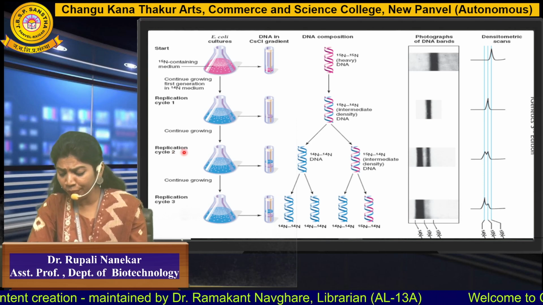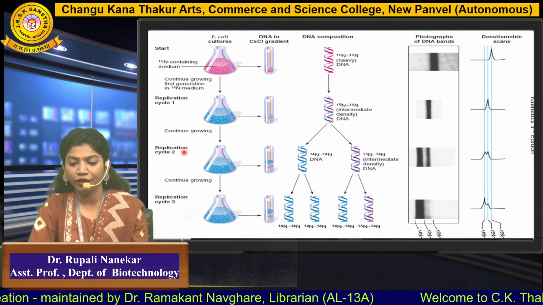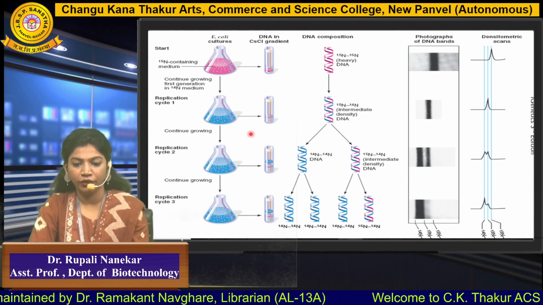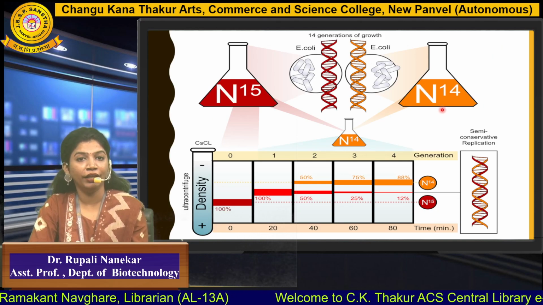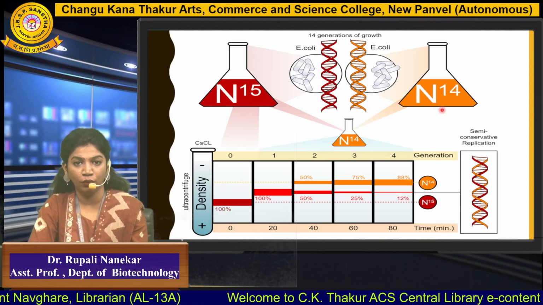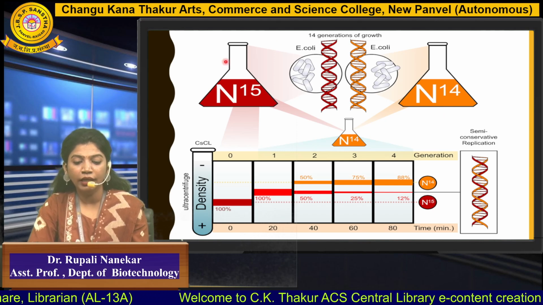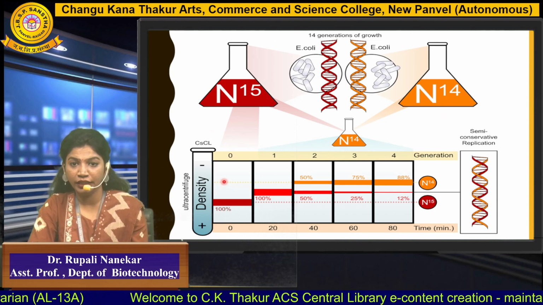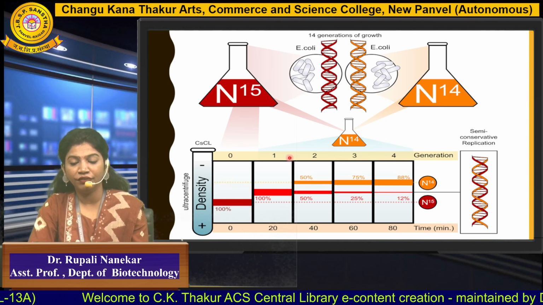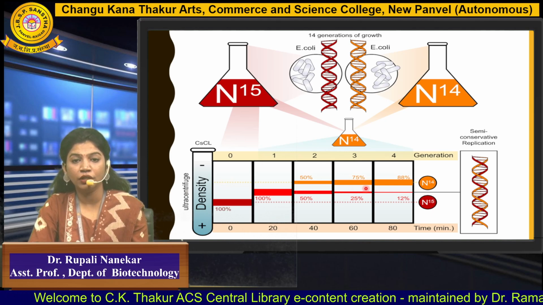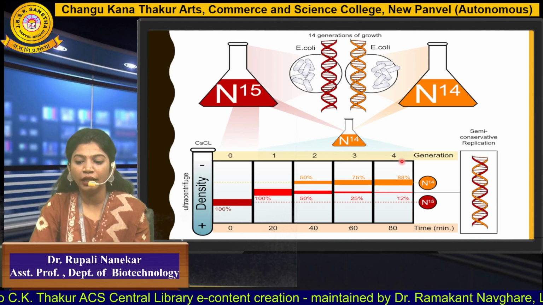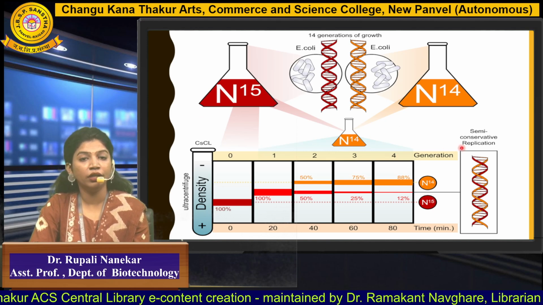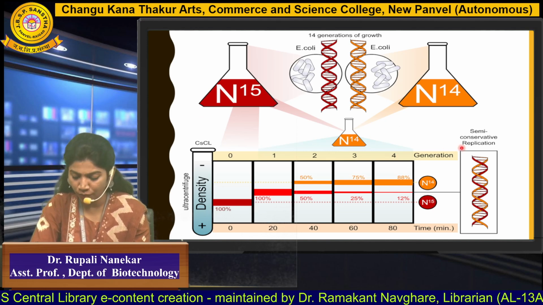That is how we proved the semi-conservative model for DNA replication. As you can see in the diagram, we have E. coli grown in the medium of N14 and N15, the heavy isotope and the normal one. In the density gradient centrifugation with the help of cesium chloride, we have given certain time for replication depending upon the E. coli generation time. Then we got to know that the correct model over here is the semi-conservative replication model.